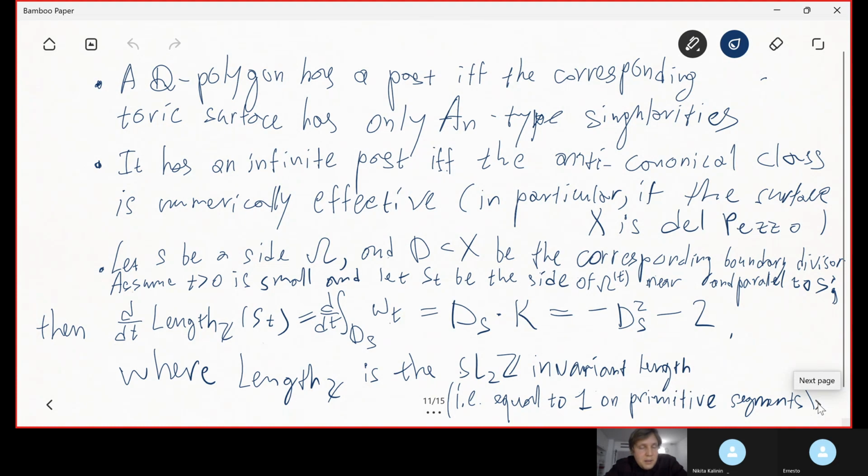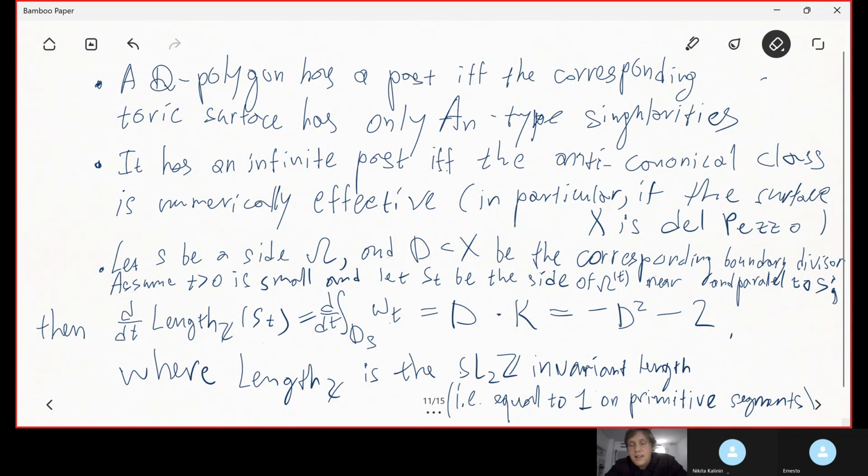Then I look at the derivative of the length of this side, and I can compute it simply using this equation as the product with the divisor of this side S. And you have this minus D squared minus 2.